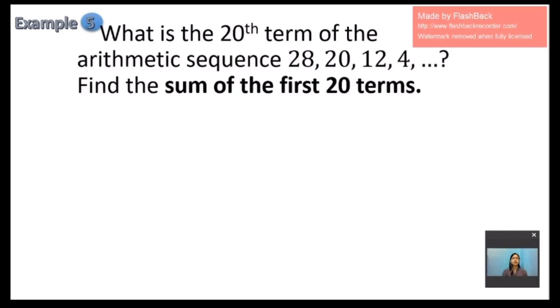Okay, this is another example. What is the 20th term of the arithmetic sequence 28, 20, 12, 4, and so on? Find the sum of the first 20 terms. So in this problem, you are asked to find the 20th term and then the sum of the first 20 terms.